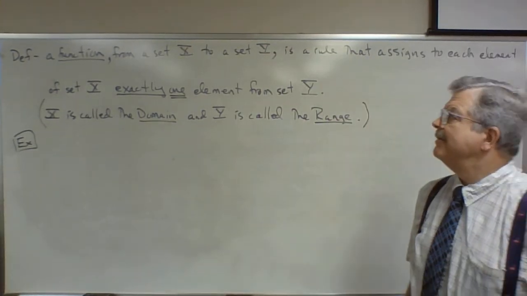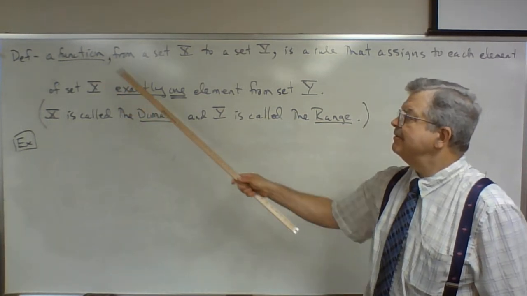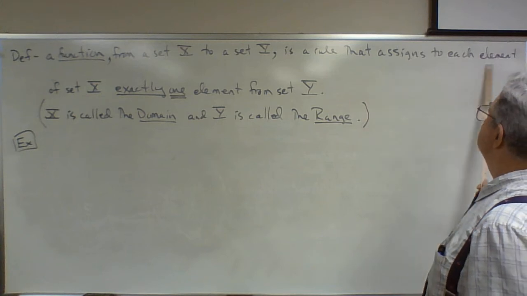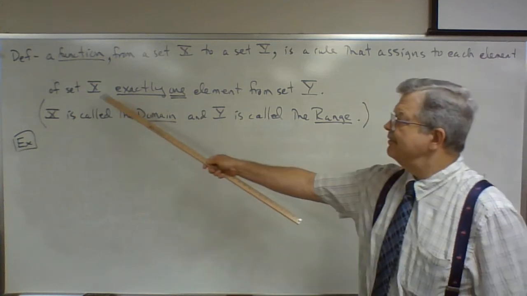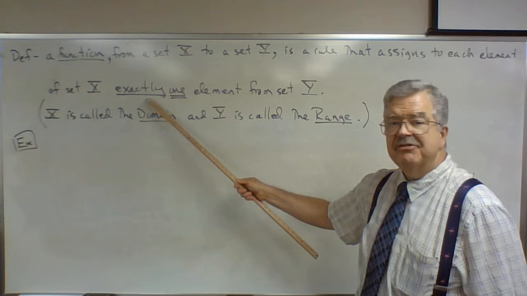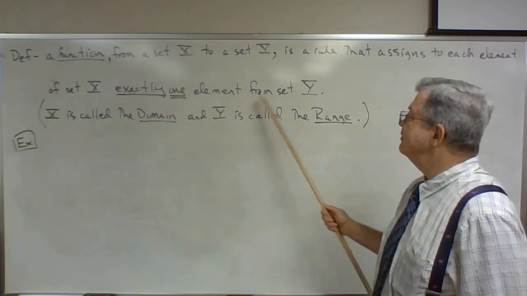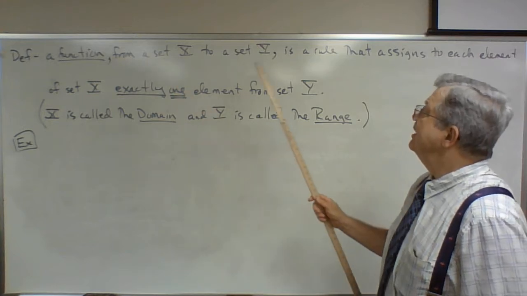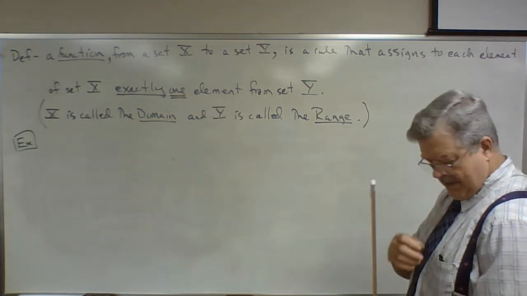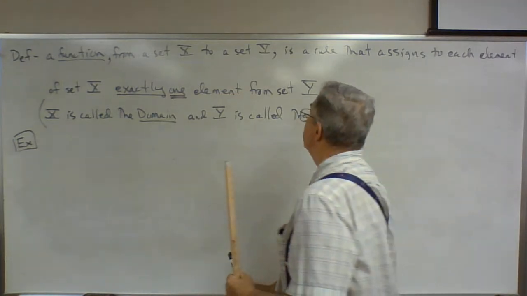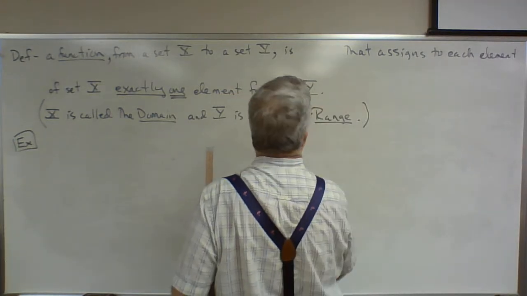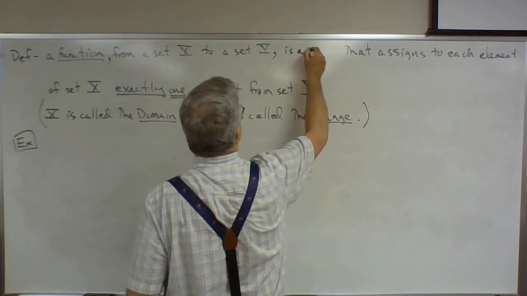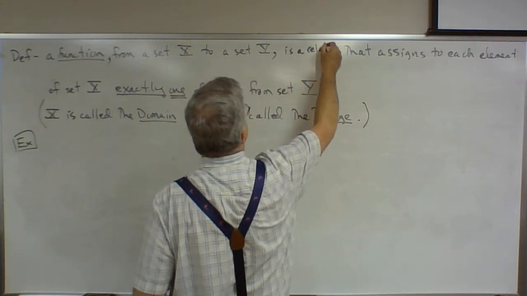Okay, new stuff. A function from a set X to a set Y is a rule that assigns to each element of set X exactly one element from set Y. So a function is a rule. You know what? I can do a little bit better than that. A function, it is a rule, but I can say it's a relation.